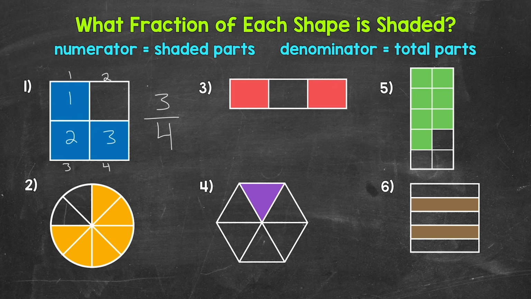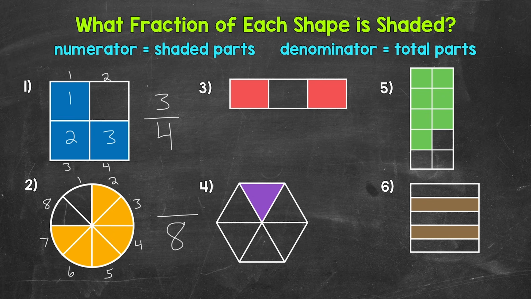Let's move on to number 2, and we will start with the denominator. So how many total equal parts has the whole been divided into? Well, 1, 2, 3, 4, 5, 6, 7, 8. So we have a denominator of 8 here.